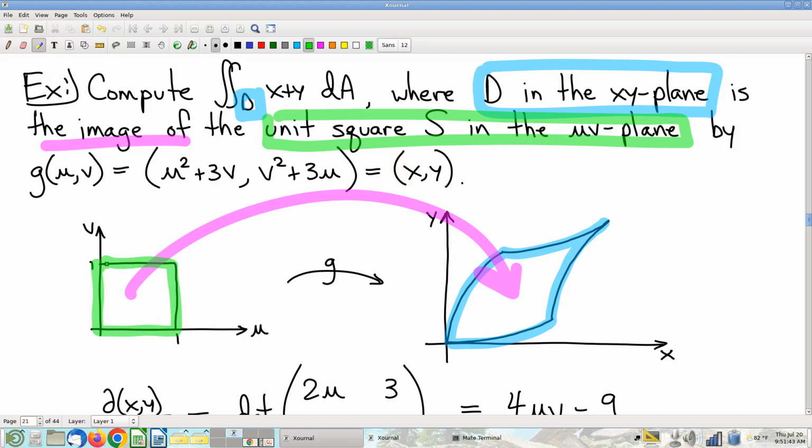I'm given that my domain for the integral on the right is the image of the unit square on the left. Free information. By the way, I do realize that makes this problem seem highly manufactured and implausibly, unrealistically convenient, and that's true. I just want to get a win in the win column.